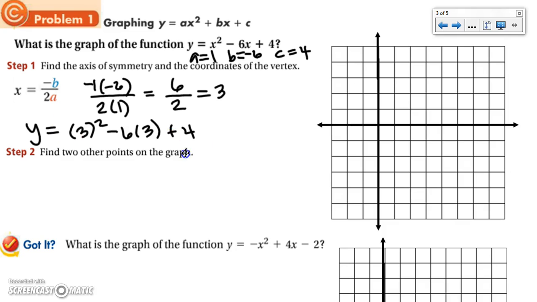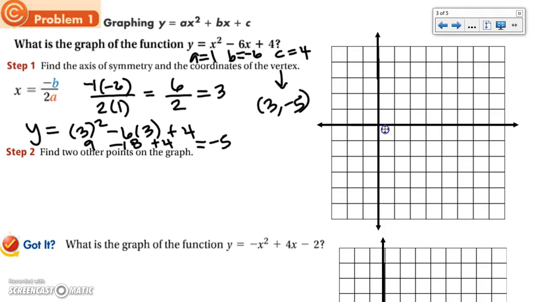So using your order of operations, this is 9 minus 18 plus 4. So 9 minus 18 is negative 9 plus 4 is negative 5. So my point for my vertex then, x was 3 and I found y to be negative 5.